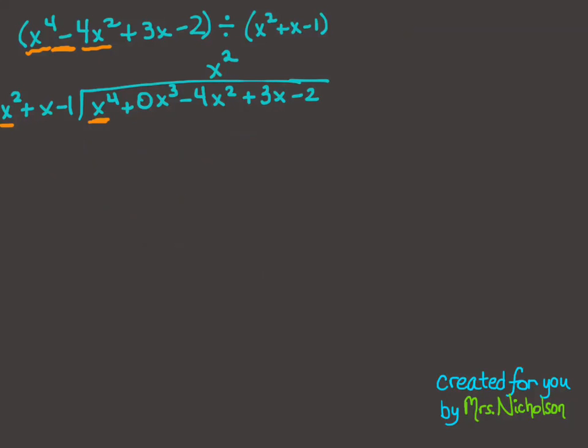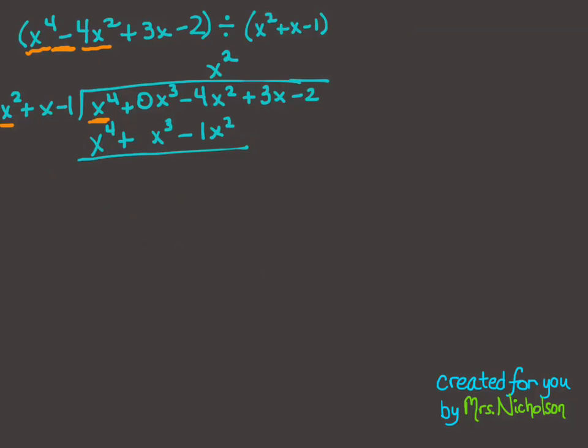And let's multiply. X squared times x squared is x to the fourth. X squared times x is, of course, x cubed. So now you can see why we need that 0x cubed there. And then x squared times negative 1 would be negative 1x squared.